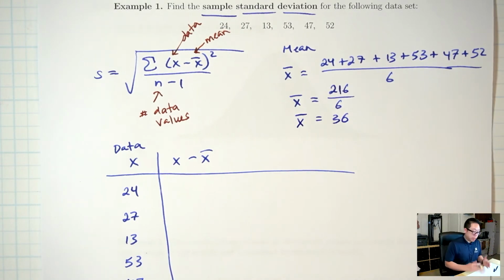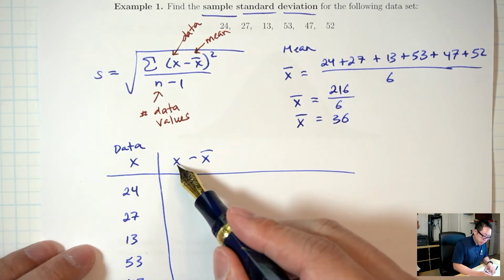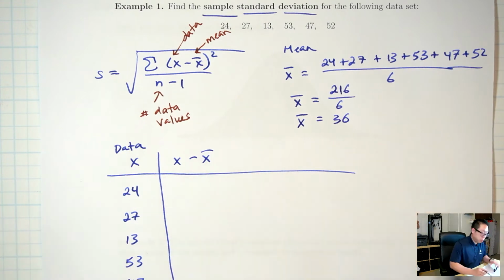Okay, so now take our data and subtract it by the mean, which is 36 now.